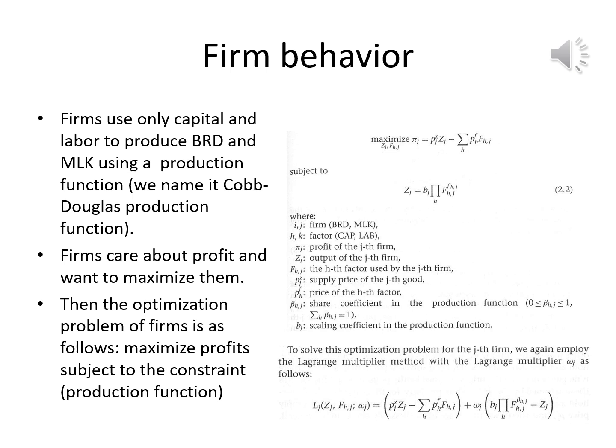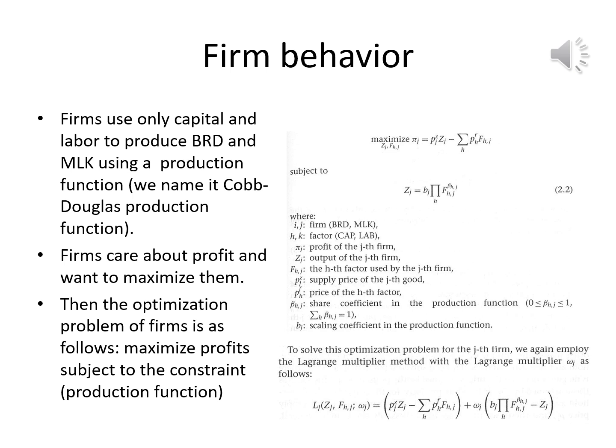ZJ is equal to BJ times the product, the pi sign again, product of FHJ to the power beta H. Now that's another ugly looking mathematical equation, but it's simple. This is the Cobb-Douglas production function. So the firm is facing a constraint here.